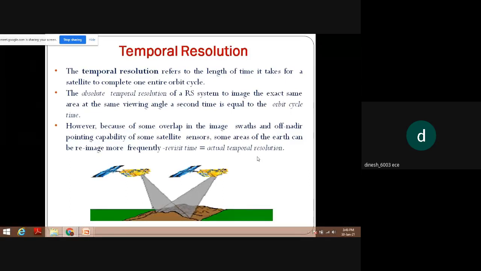So the absolute temporal resolution of a remote sensing system is to image the exact same area at the same viewing angle a second time, that is equal to orbit cycle time. However, because of some overlapping in the image swaths and off-nadir pointing capability, the system will be able to revisit again sooner, which we call the actual temporal resolution.